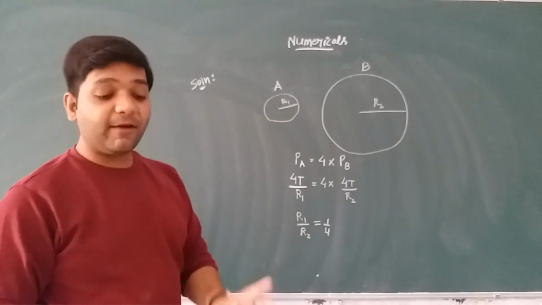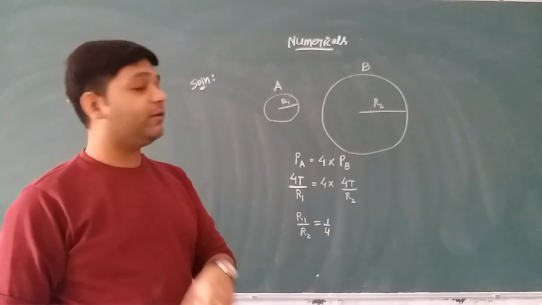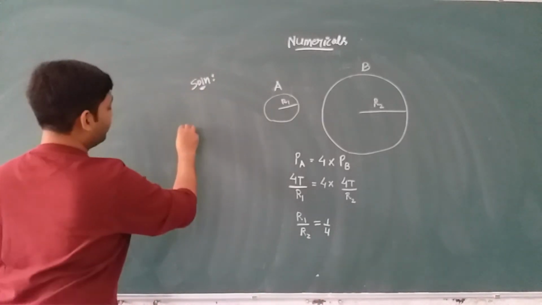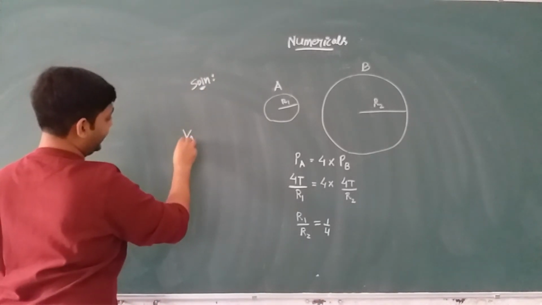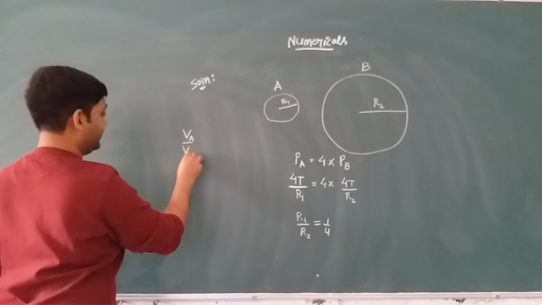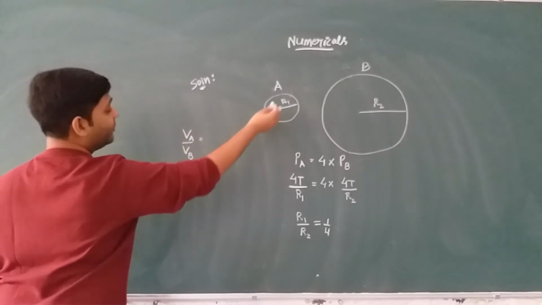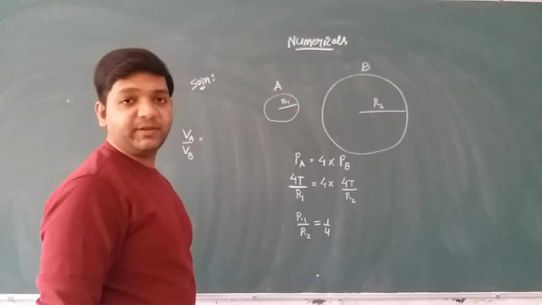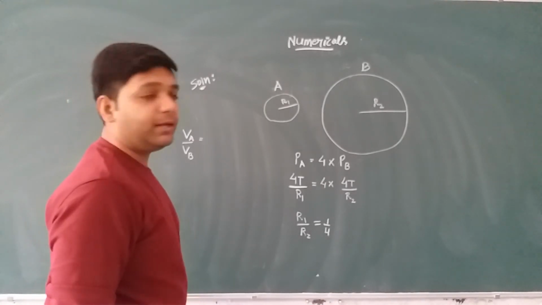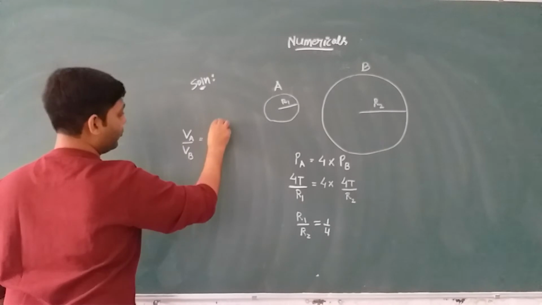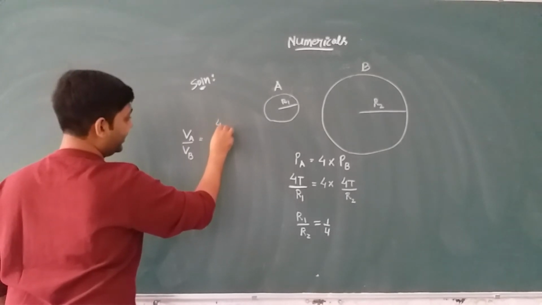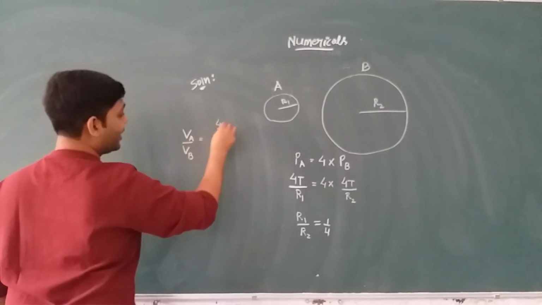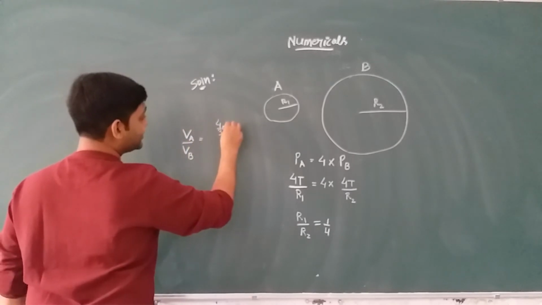Okay? And we have to find the ratio of volume. So volume of soap bubble A upon volume of soap bubble B is equal to, because they are spherical in shape, and the volume of a sphere is given by 4 upon 3 pi r cube. What is the value of R for soap bubble A? It is R1.